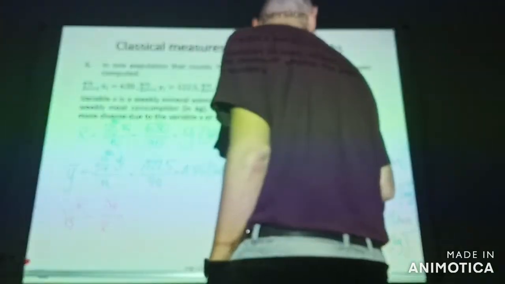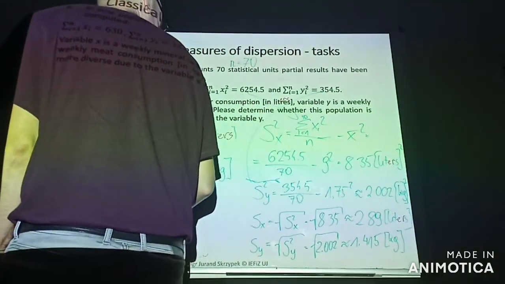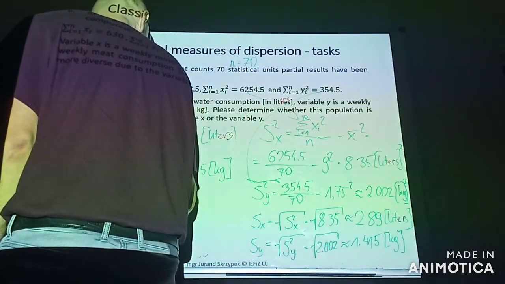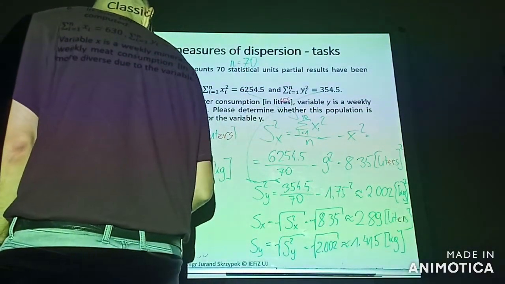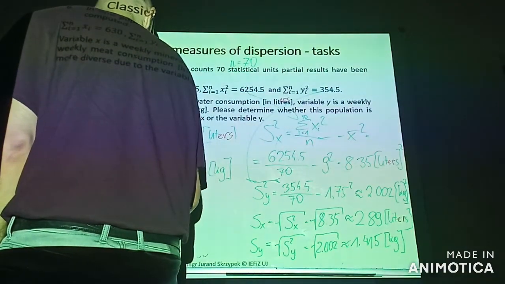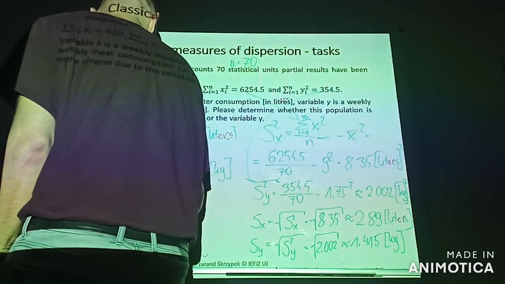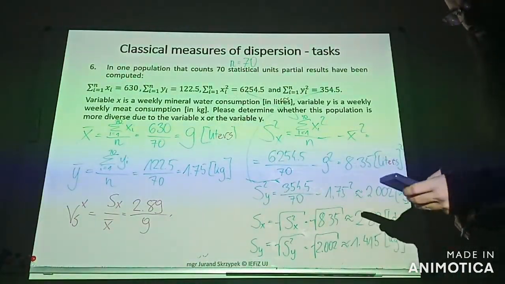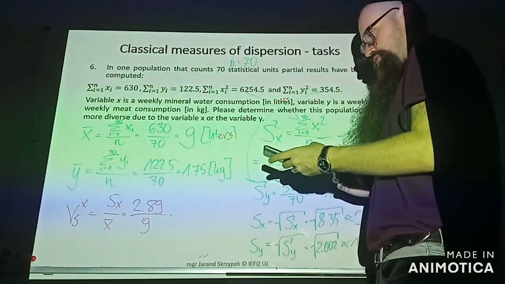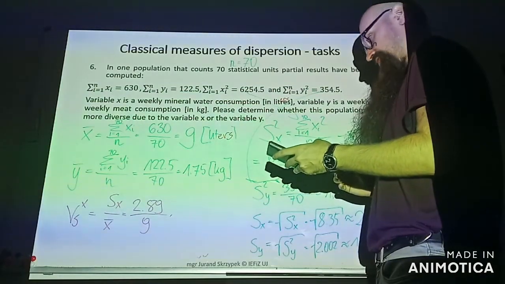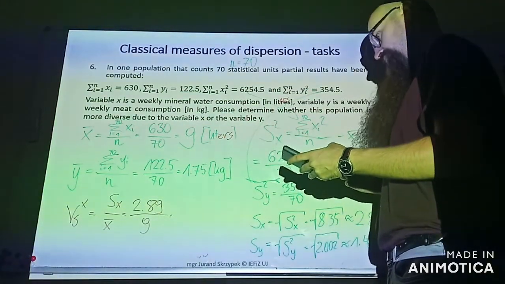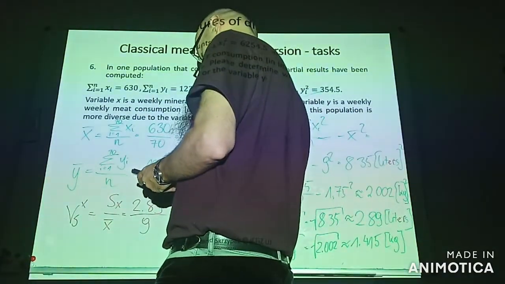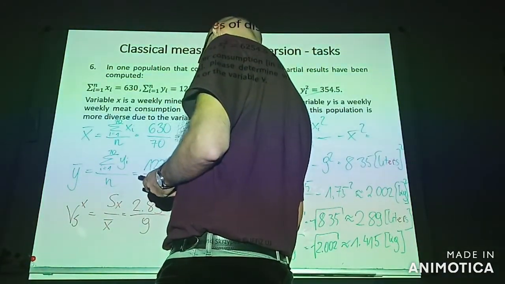In our example, it's 2.89 liters divided by the mean value 9. Take your calculators, please. 2.89 divided by 9 is about 0.321.